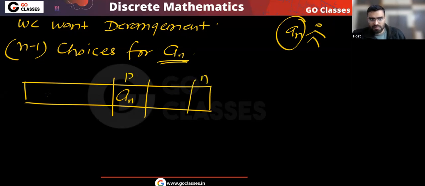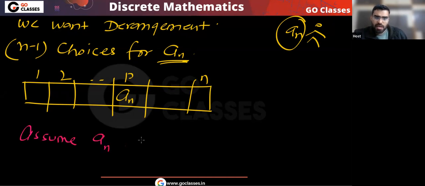This is n's house, this is 1's house, this is 2's house, and so on. So assume An is going to P's house.